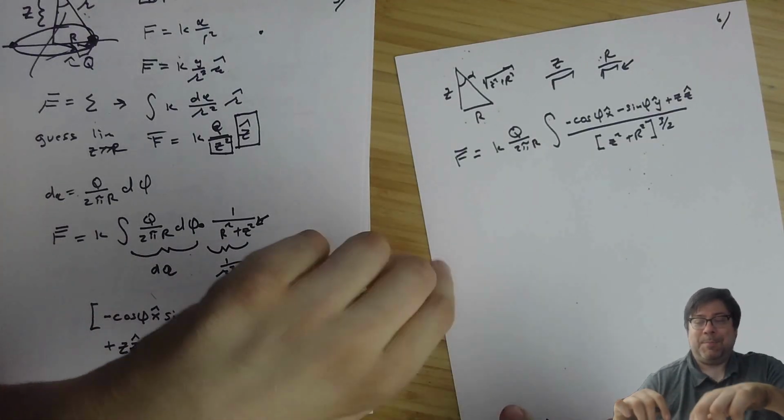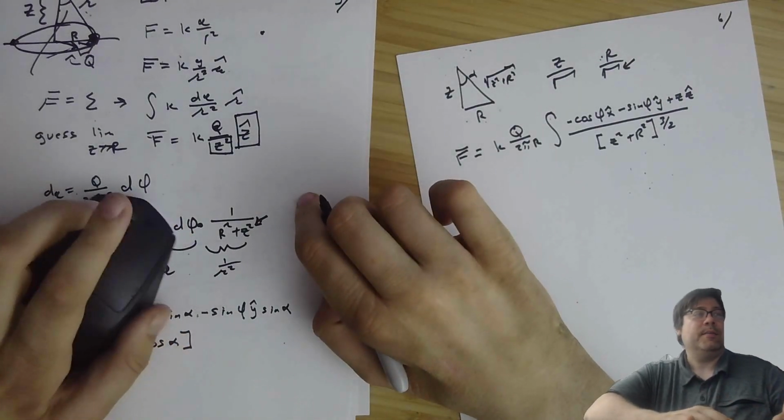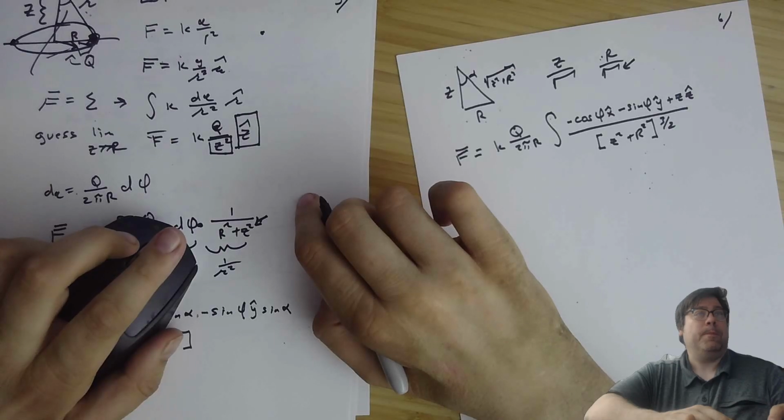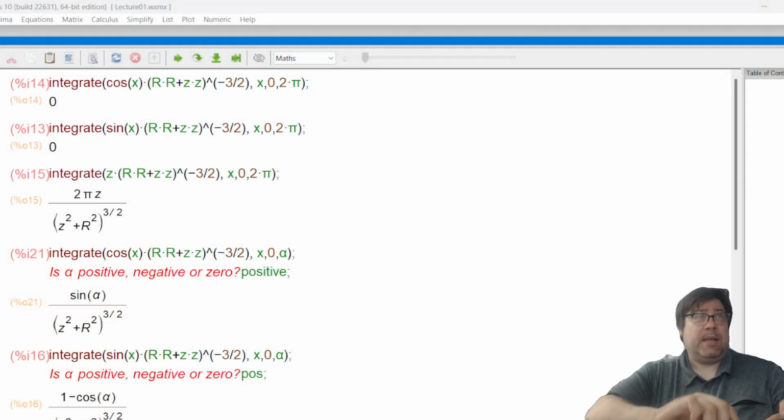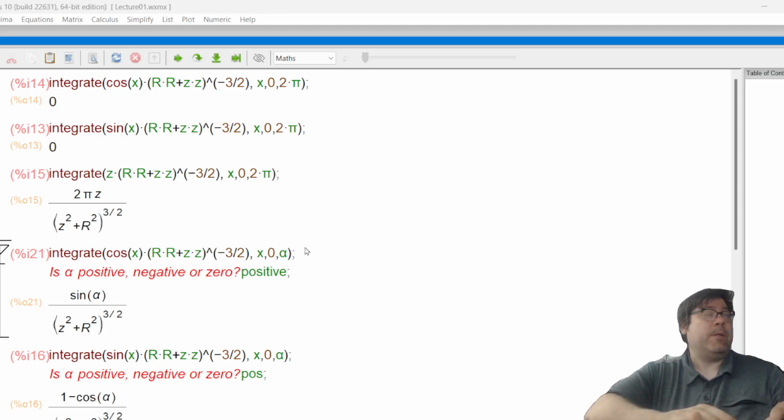This might not make you happy, but another thing we'll learn is that it's certainly fine. In this case, we can use something like wxMaxima, which we'll learn how to use in this course, or you can use Wolfram Alpha, there's other things. So I'm just going to do that integral that we wrote.